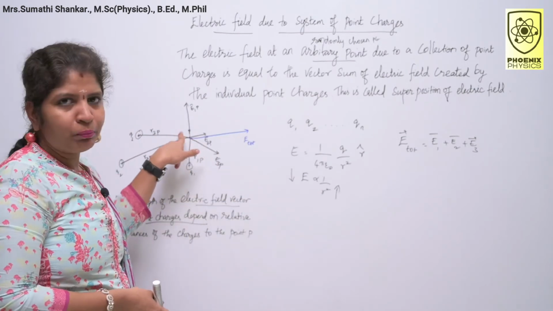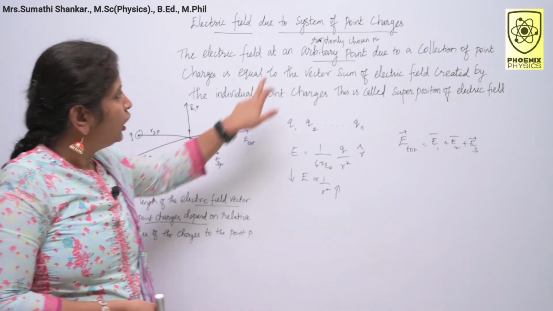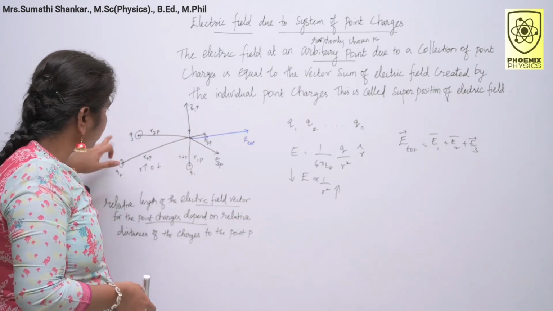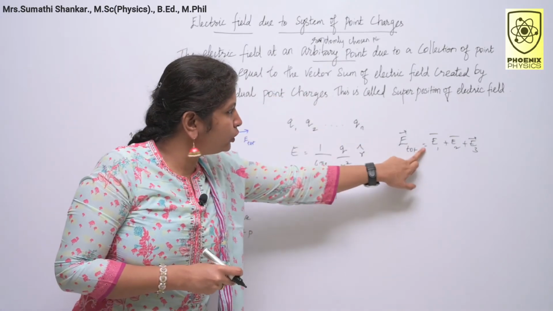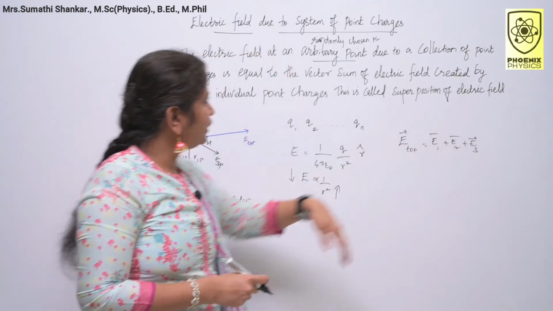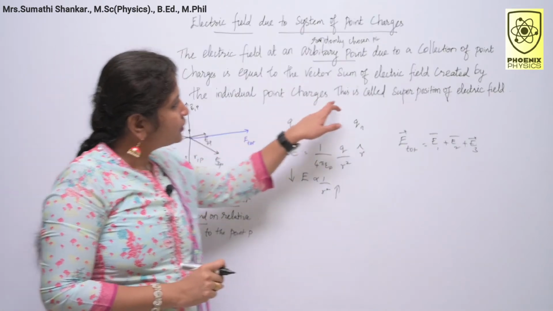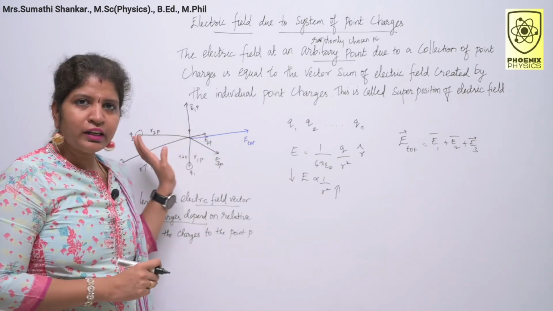Here this is my point P. So a randomly chosen point is nothing but an arbitrary point. Due to a collection of point charges, here I have Q1, Q2, Q3, the field is equal to the vector sum of electric fields created by the individual point charges. This is called superposition of electric field.